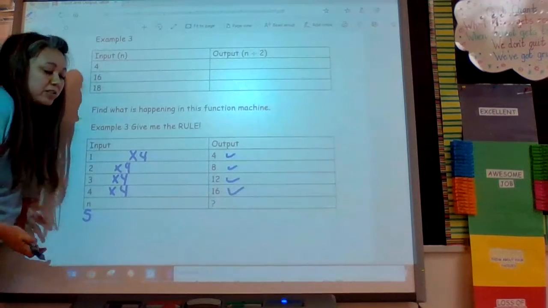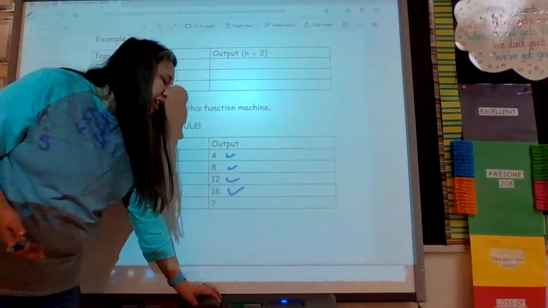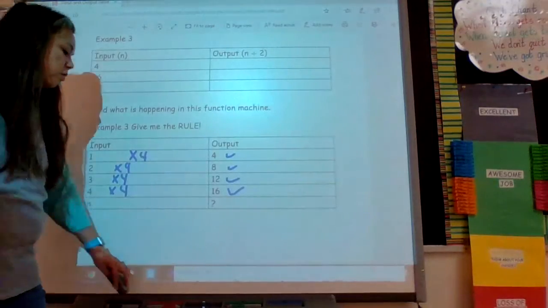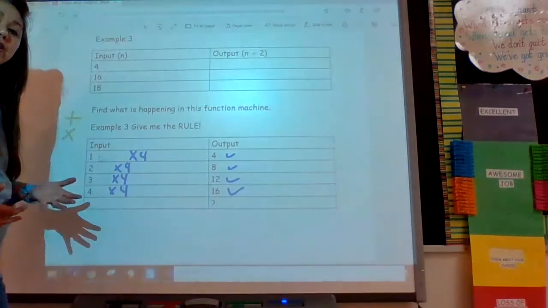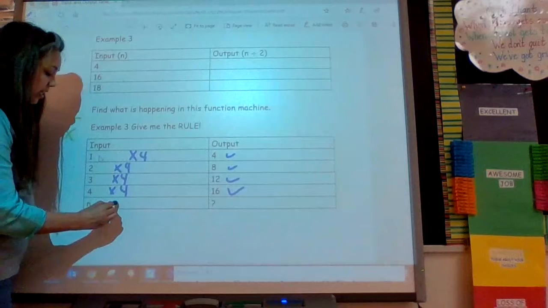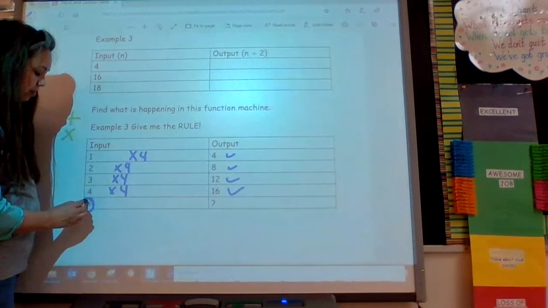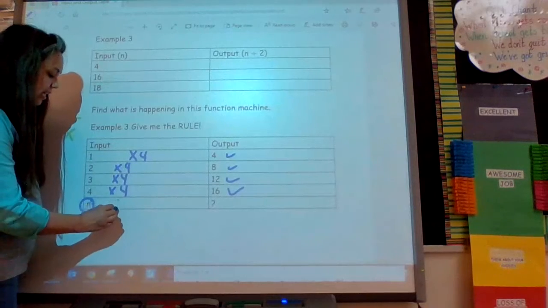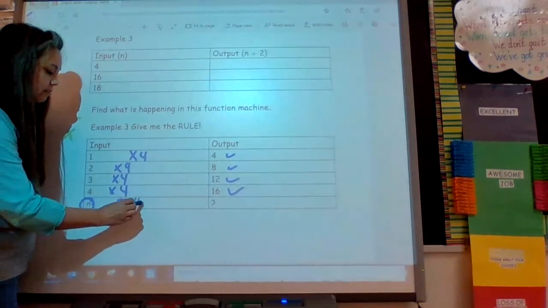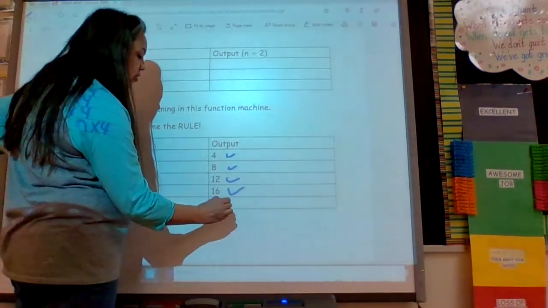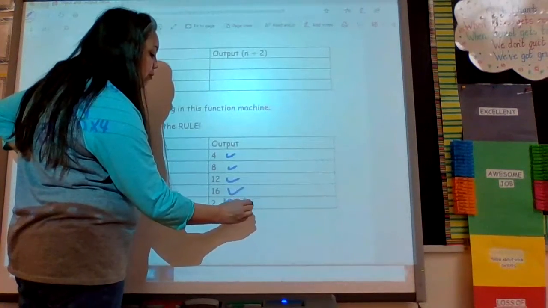So at some point it could be 5, but we don't know that it is 5. So we have to just use the letter itself, and that can be kind of tricky. So n represents the number. What we did was take that number and times it by 4. So the answer here is n times 4.